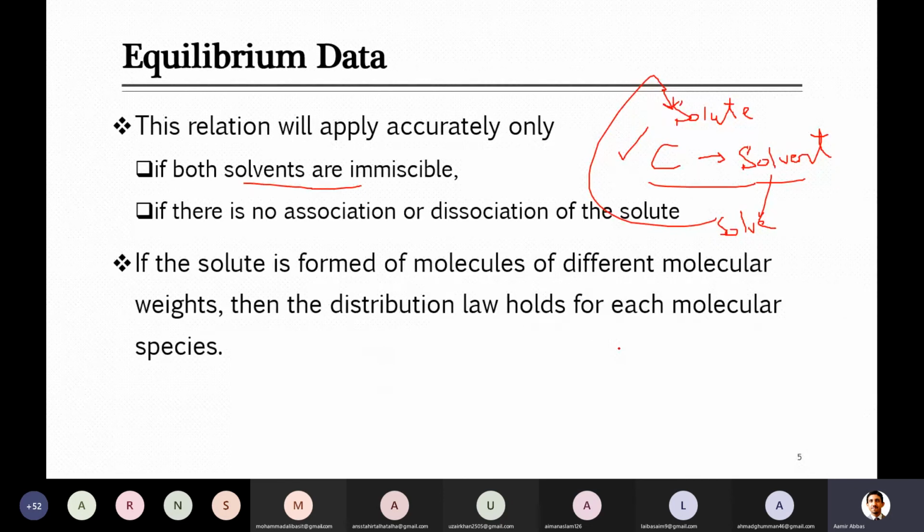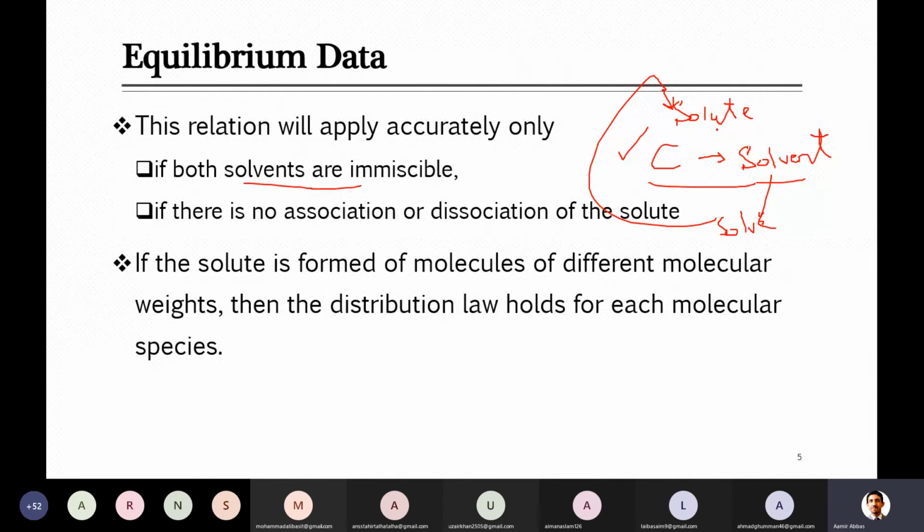If the solute is formed of molecules of different molecular weights, then the distribution law holds for each molecular species. Solute is anything which is transferred. So let's say there are various components which you want to remove, and you are treating them all as solute.